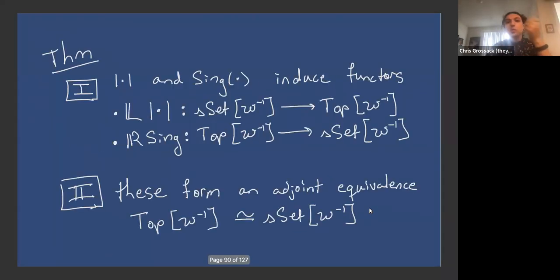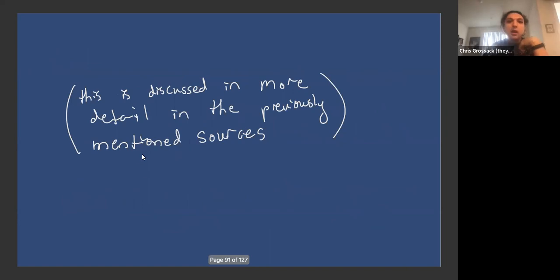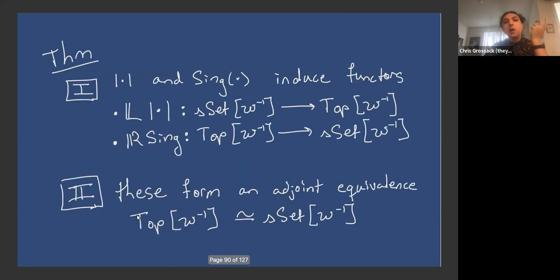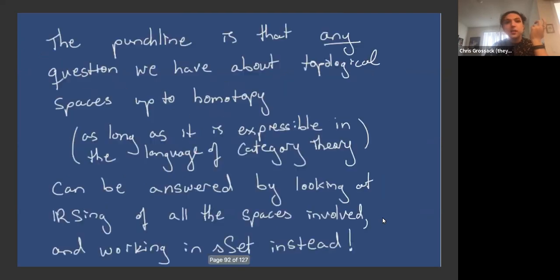So this is called a Quillen equivalence if you're looking for something to Google. And this is also discussed in, for instance, that paper by Dwyer and Spalinski. Yes, this is discussed in more detail in the previous sources. And the punchline is we now have an equivalence of categories between the homotopy category of Top and the homotopy category of S sets.